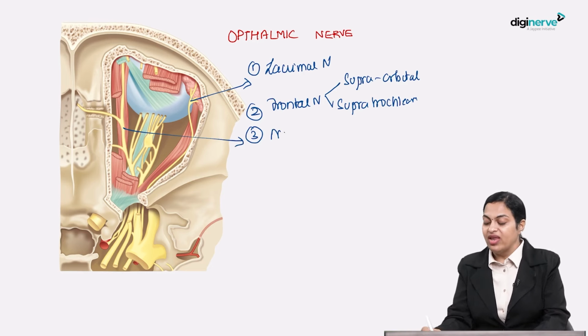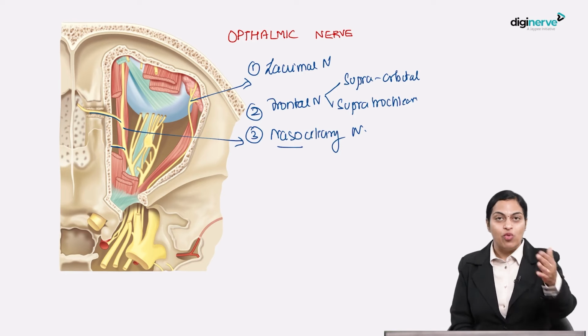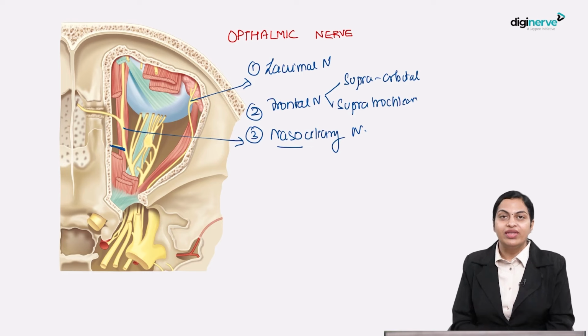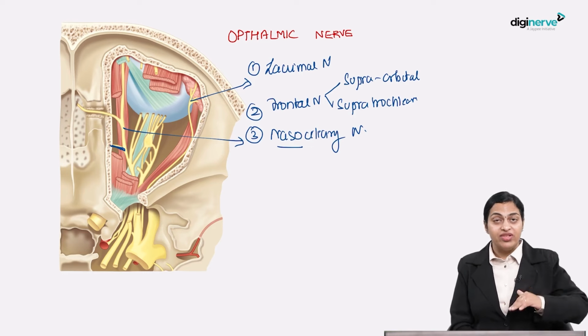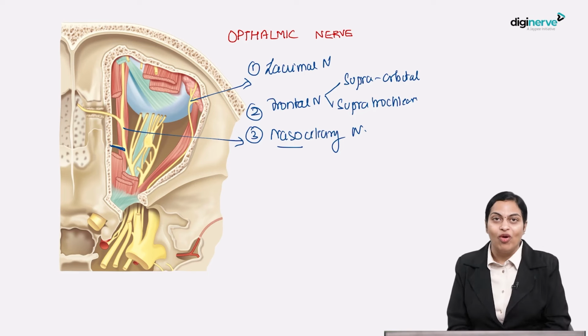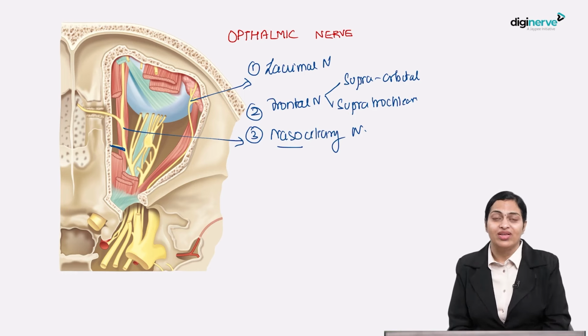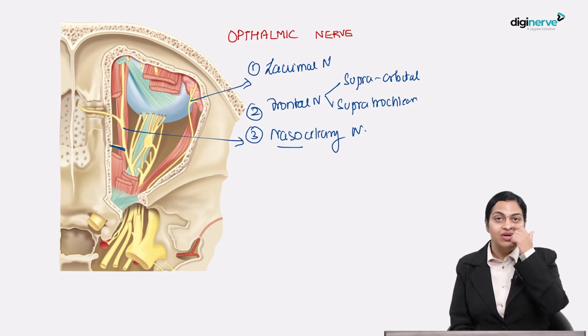It is the nasociliary nerve, right? The nasociliary nerve will give rise to the posterior ethmoidal nerve that you see here, and the anterior ethmoidal nerve. The posterior ethmoidal nerve will supply the sphenoidal sinus and the posterior ethmoidal sinus. The anterior ethmoidal nerve will supply the middle ethmoidal and the anterior ethmoidal. It will enter the nasal cavity and then it will emerge as the external nasal nerve.